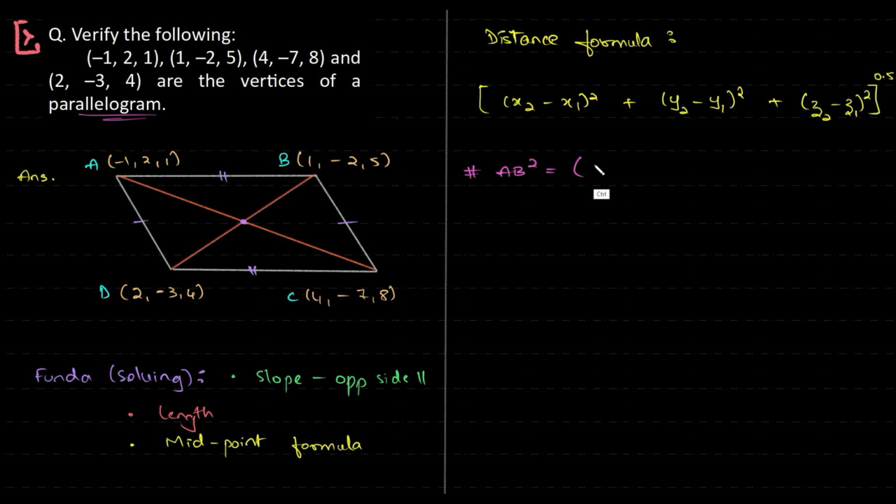We'll directly go with writing 2 square, plus 4 square, and this is 4 square. So this would be 4 plus 16 plus 16, that is 36. So AB is equal to 6 units.